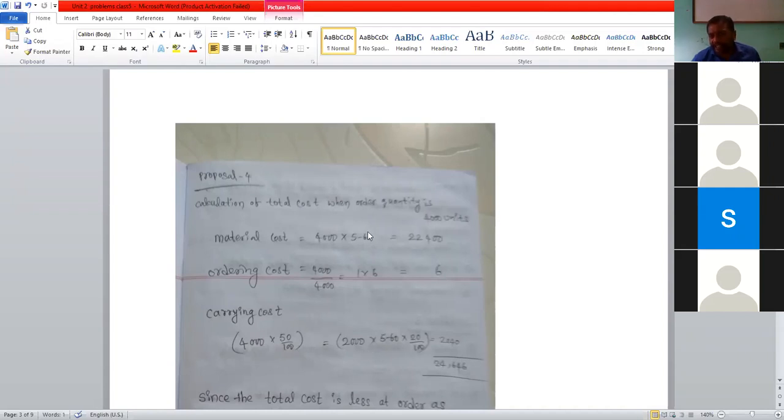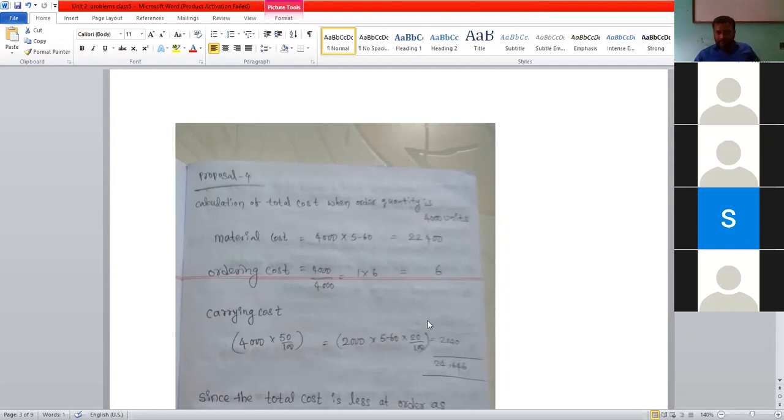At the price of 5 rupees 60 paise and 20%, you are getting 2,240. By adding these three, 22,400, 6 rupees and 2,240, you are getting 24,646.